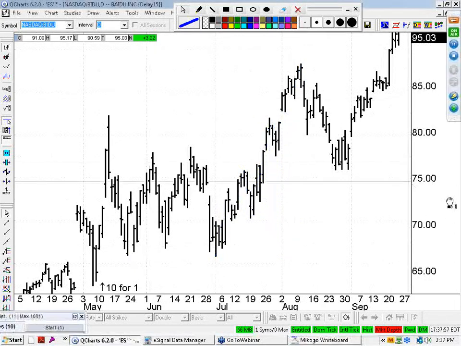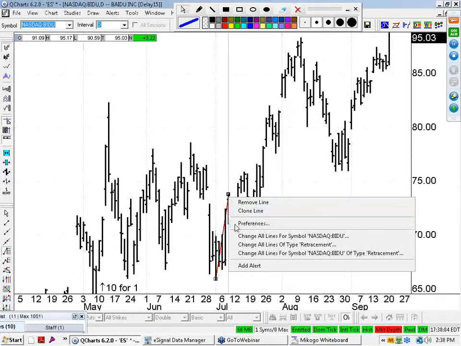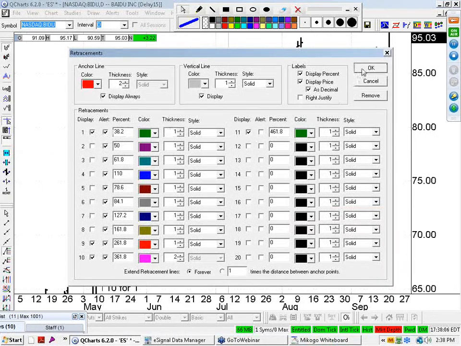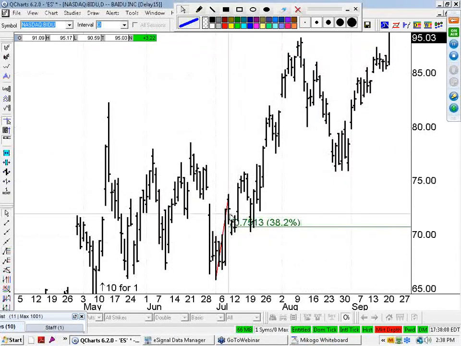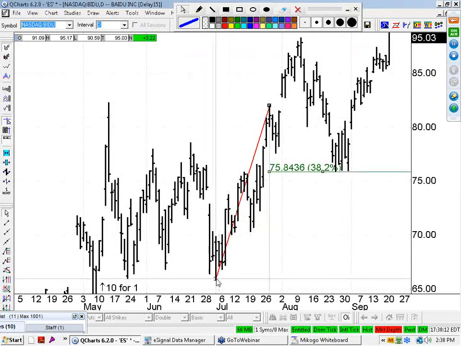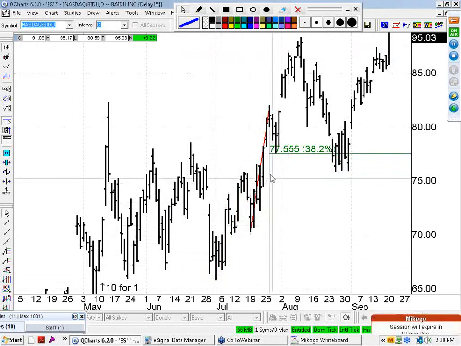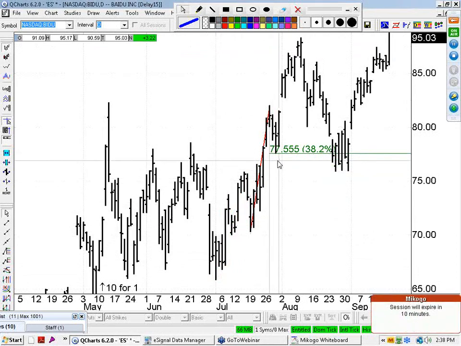Now, the magic thing is that it's super shallow, right? This first one here, I'm going to use a 38%. This is not 38. This is a little deeper than 38. This is deeper. How about this guy over here? Okay, it's right at 38.